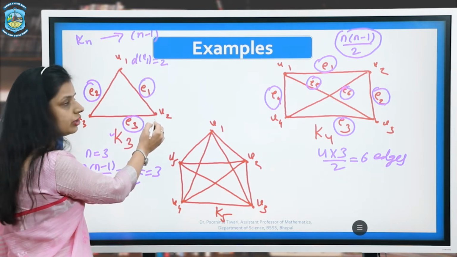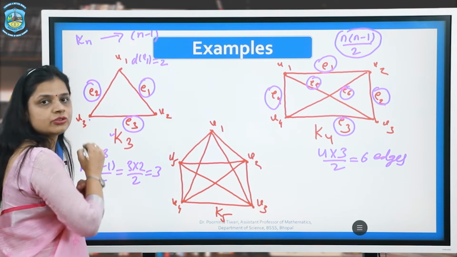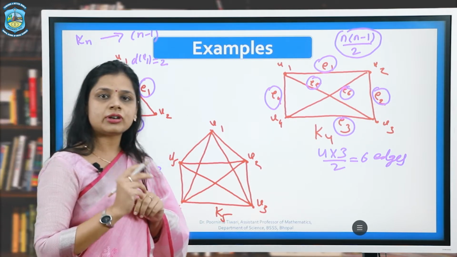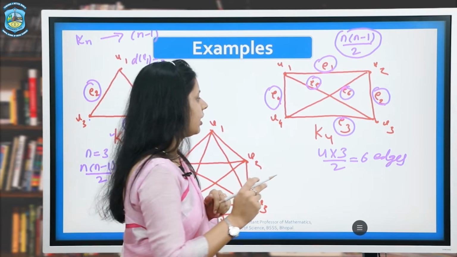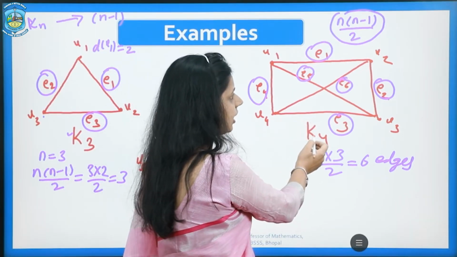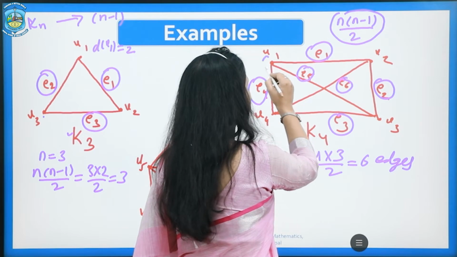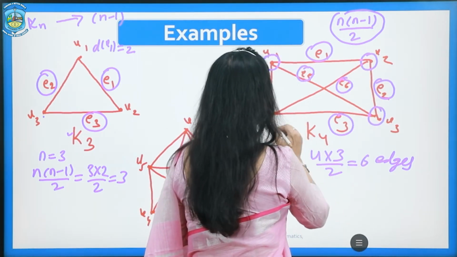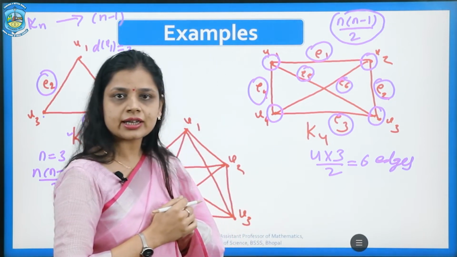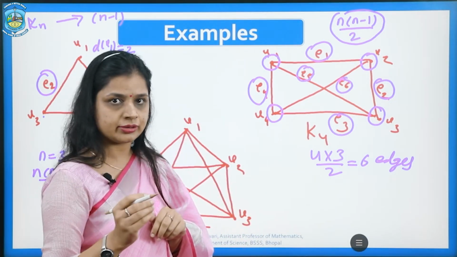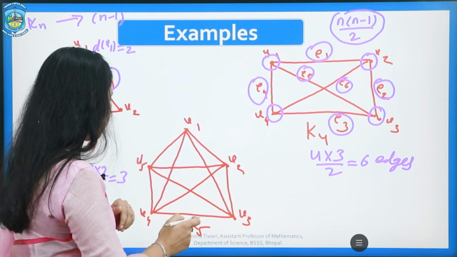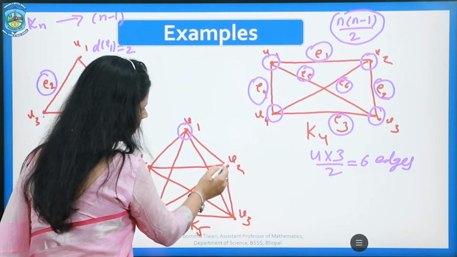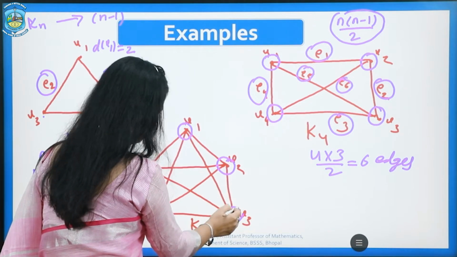Likewise, the degree of V2 is 2 and the degree of V3 is 2. So in K3, the degree of every vertex is 2. If we see this example K4, we can see the degree of every vertex is 3. V1, V2, V3, V4, all the vertices are of degree 3. Similarly, in K5, you can see the degree of every vertex is 4.